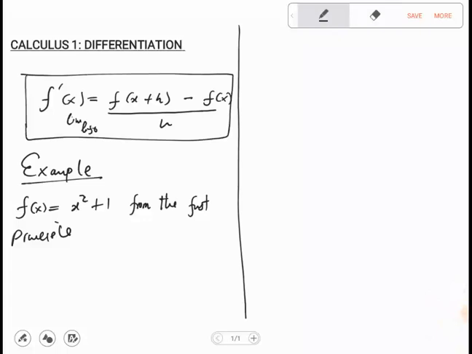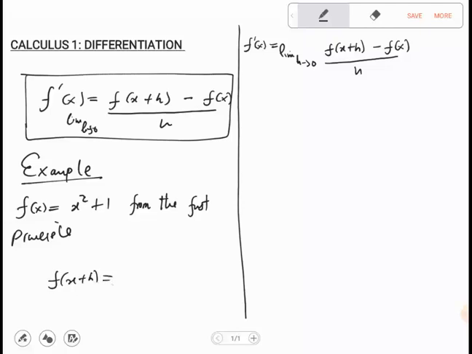So we are going to say the derivative of f(x) is equal to the limit as h approaches 0 of f(x plus h) minus f(x), divided by h. What does this mean? You've done functions by now.